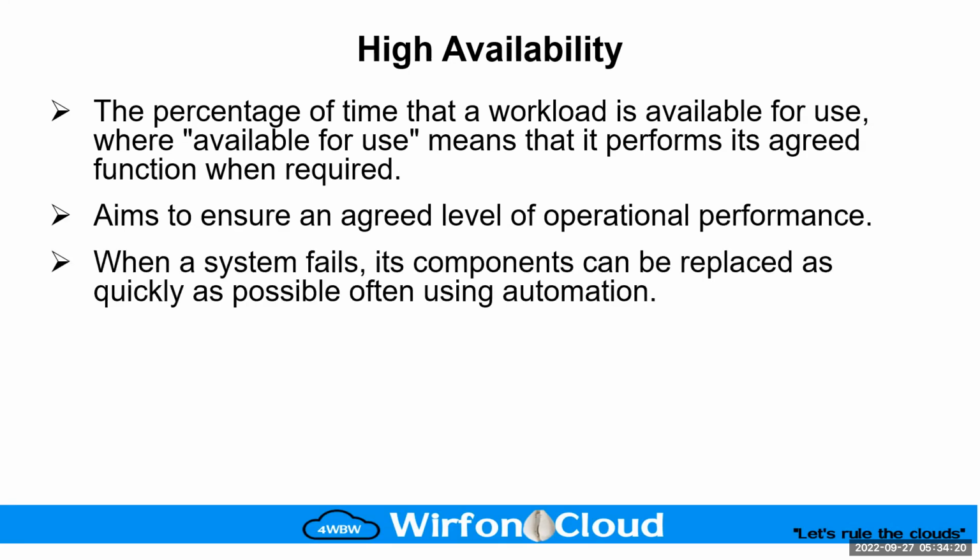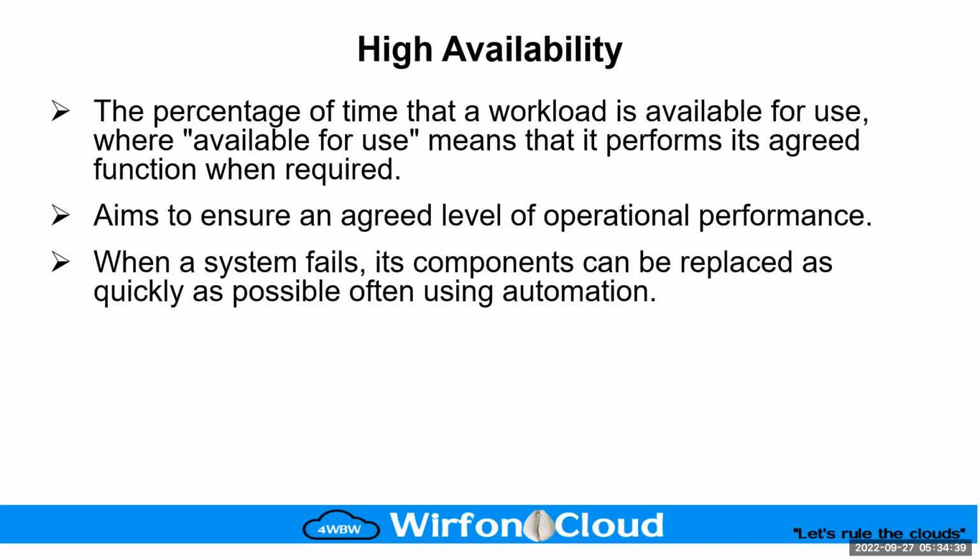With high availability, when a system fails, its components can be replaced as quickly as possible, often using automation. The analogy I can give here is a car with a spare wheel.